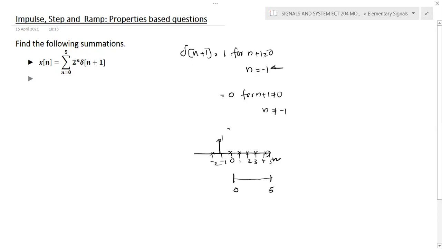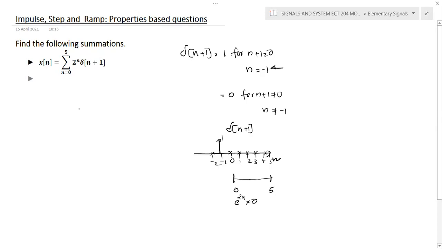But if you observe, the signal del of n plus 1 has non-zero magnitude only at n is equal to minus 1. But the summation is from 0 to 5. From 0 to 5, del of n plus 1 values are 0. And if you multiply it with 2 raised to n in this particular region, it becomes 0.